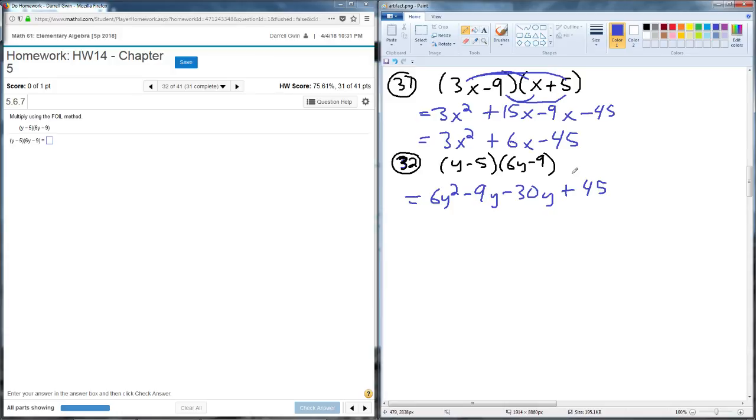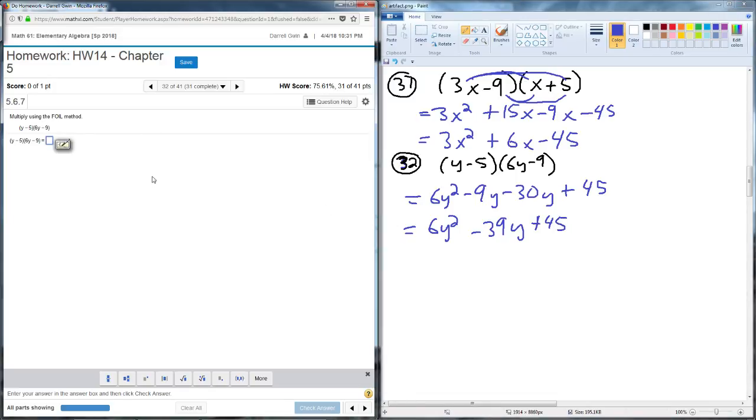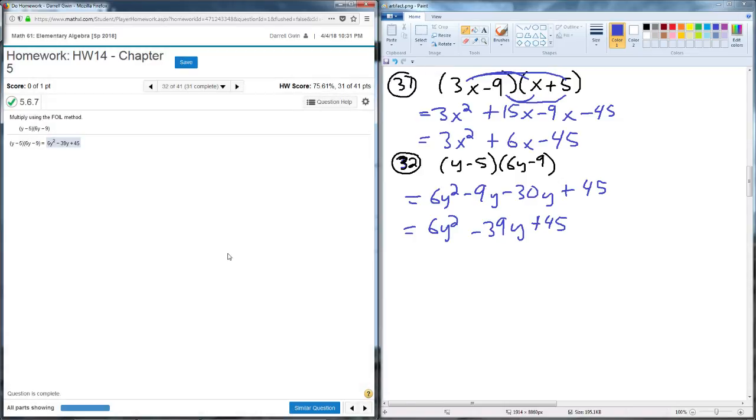Don't get the negative positives mixed up. 6y squared minus 39y plus 45. Let's see if that's the answer. Should be. 6y squared minus 39y plus 45. Yay!